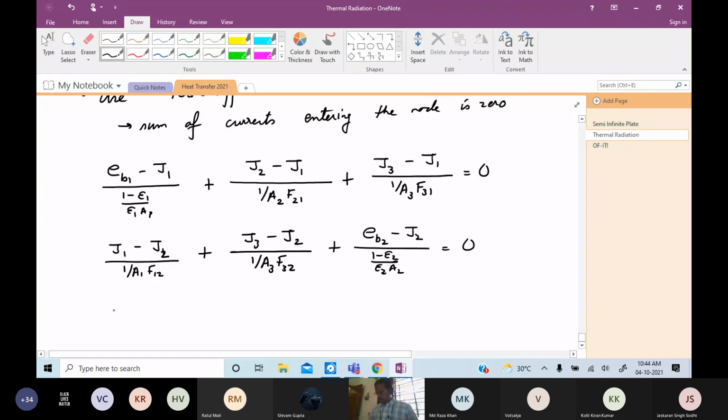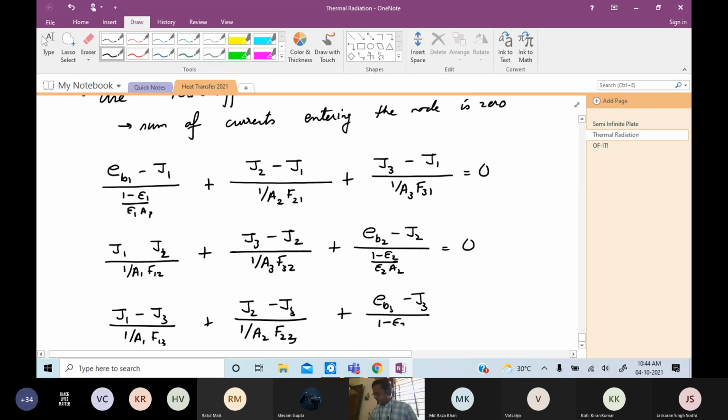J3, again write the same thing: J1 minus J3 over 1 over A1 F13 plus J2 minus J3 over 1 over A2 F23 plus EB3 minus J3 over its surface resistance, equal to 0.